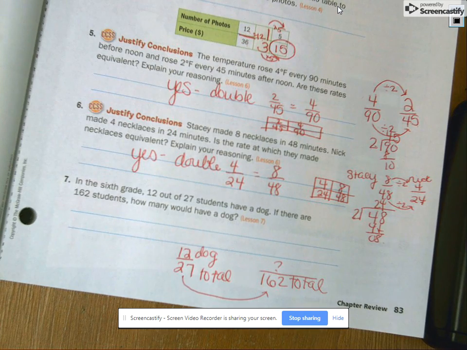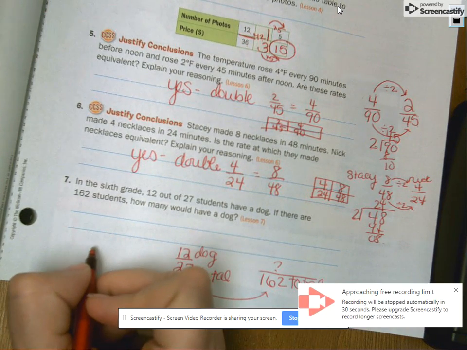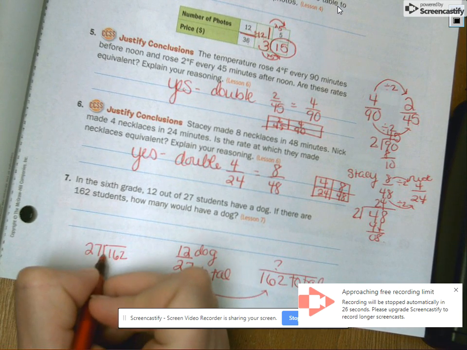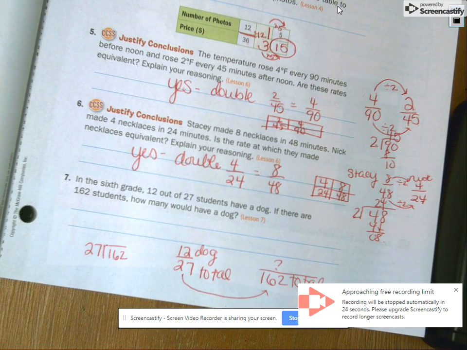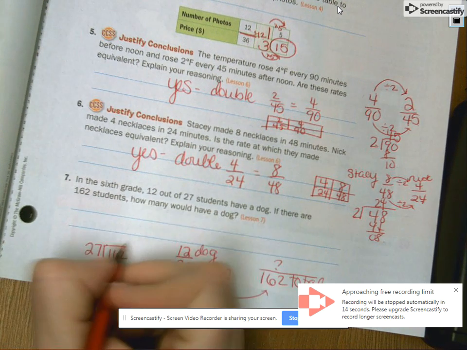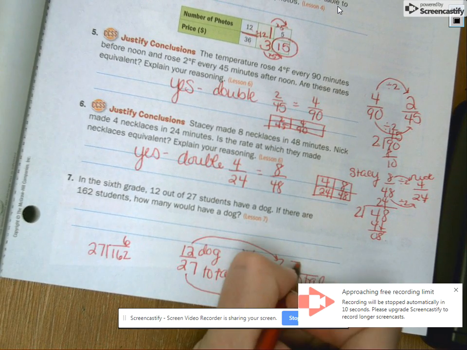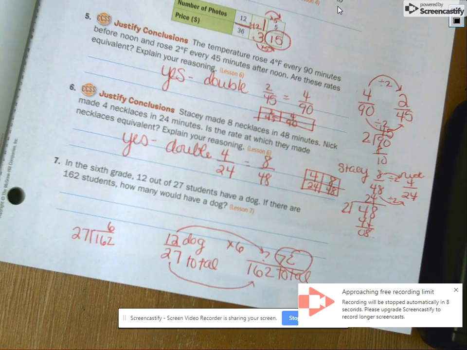I don't know, so I'm going to divide to figure it out. 27 goes into 162 6 times. So if I do 12 times 6, that's 72. And so there are 72 dogs.